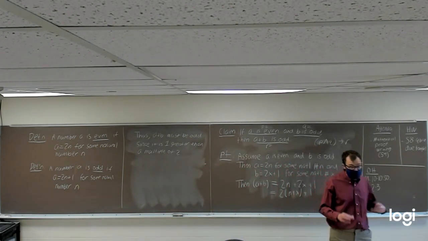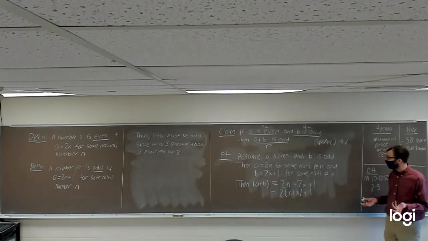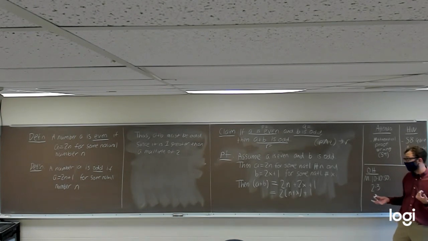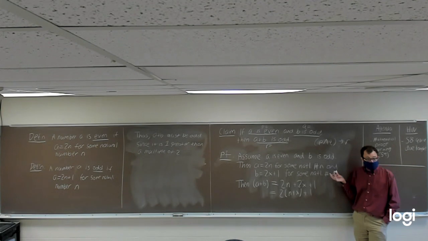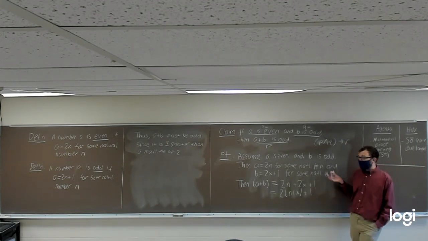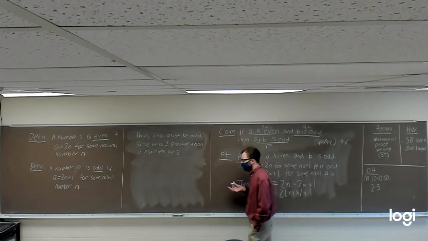Similar to before, under all circumstances where P and Q evaluates to true, meaning if we're operating under circumstances where A is even and B is odd, A plus B must come out to an odd number.